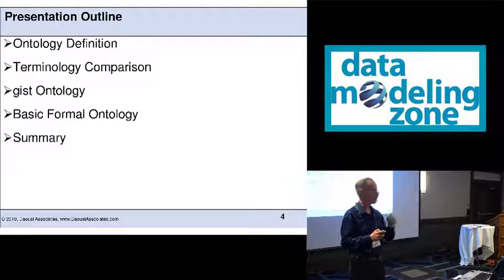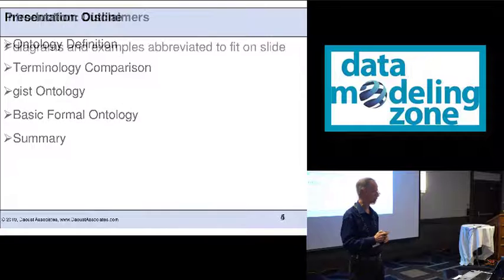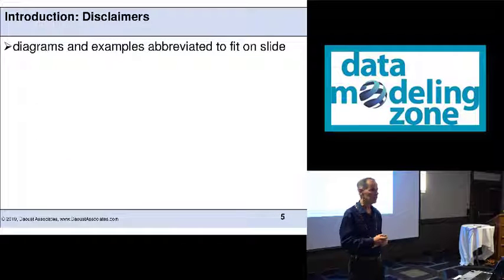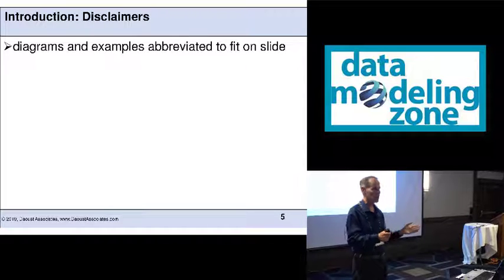But that's deliberate, and you'll see why. And we'll do a summary. So my disclaimer is all the diagrams and examples that I'm going to present are abbreviated to fit on a slide. PowerPoint is a horrible way of doing diagrams, but it's what we have.